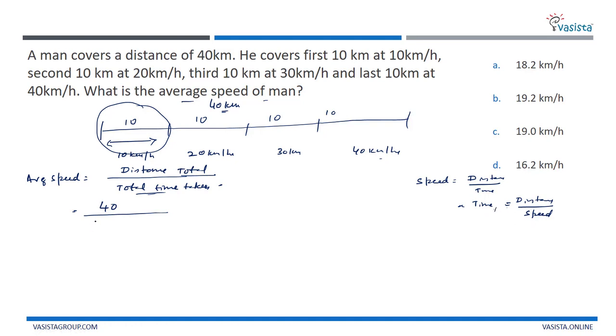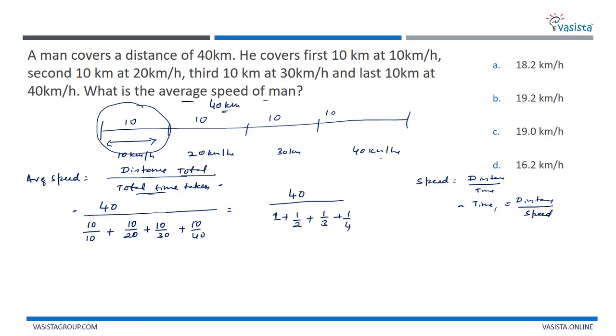Distance is 10 and speed is 10, plus the second one is 10 by 20, plus the third one is 10 by 30, the fourth one is 10 by 40. Right. Now simplify it. 40, this will become 1 plus 1 by 2 plus 1 by 3 plus 1 by 4.